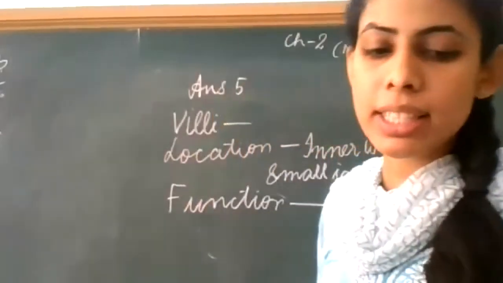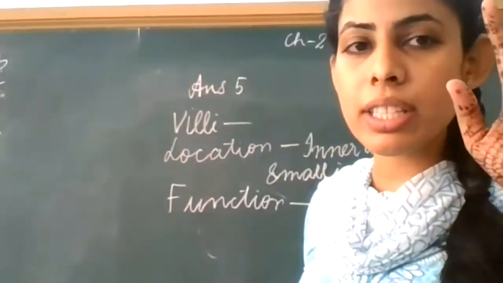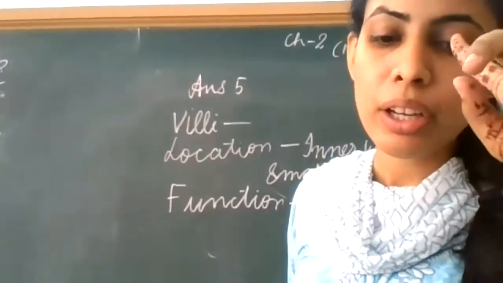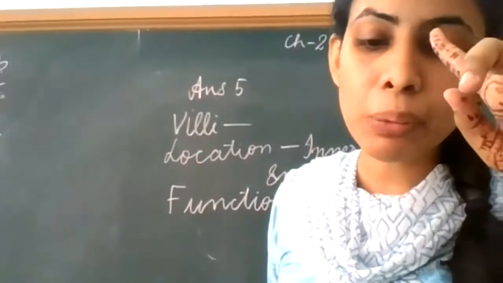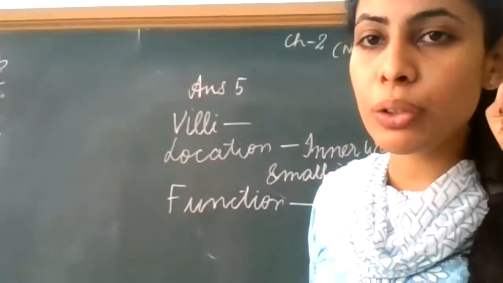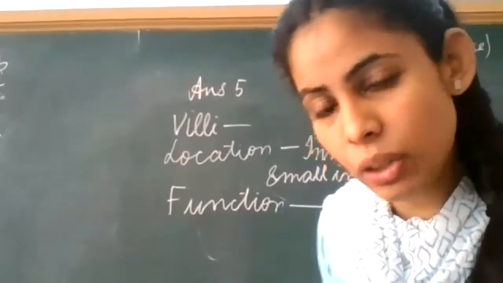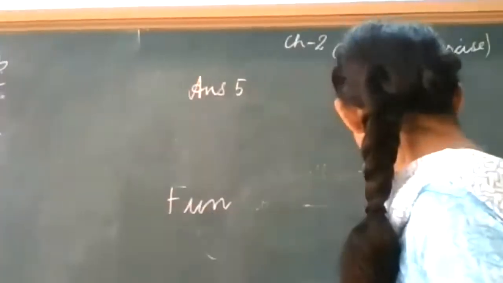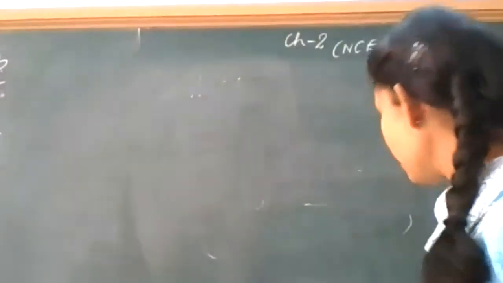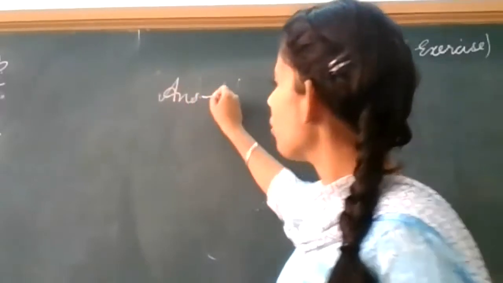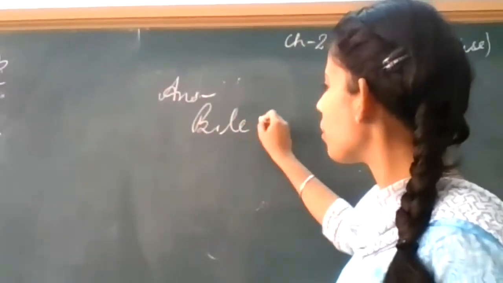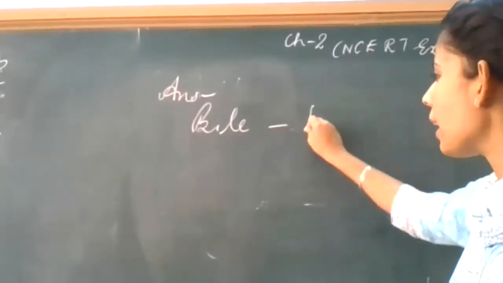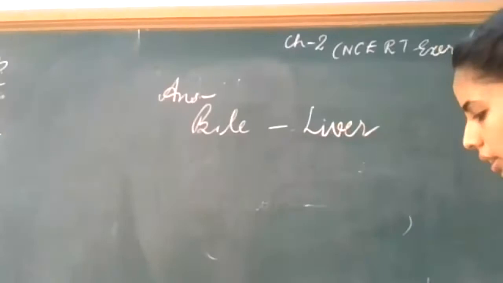So the answer of number 6, the first is bile is produced by liver, and which component of the food does it help to digest? Fats. Very good. So in answer number 6, you will write the proper sentence that the bile is produced by liver, the largest gland of our body.